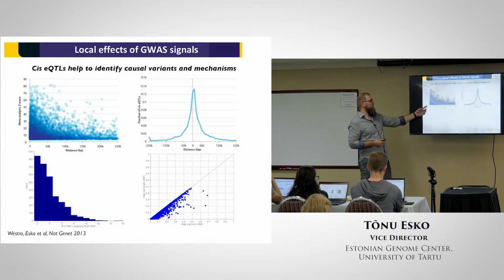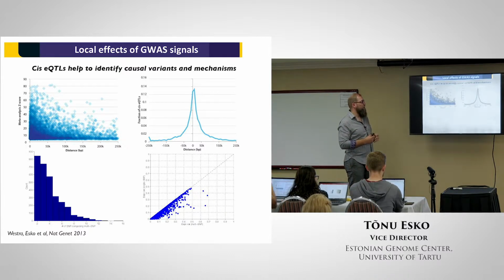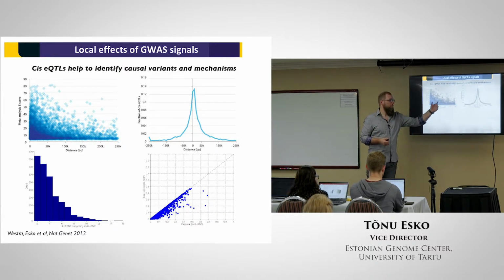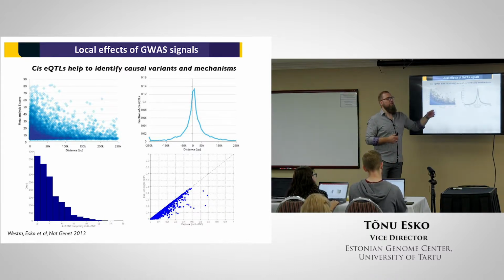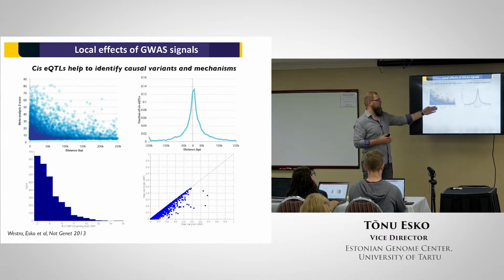Obviously, the closer the regulatory variant is to the transcription start site, the stronger the effect. But even 250 kilobases away, there are variants that have a very strong effect on gene expression. So it's all over the place.